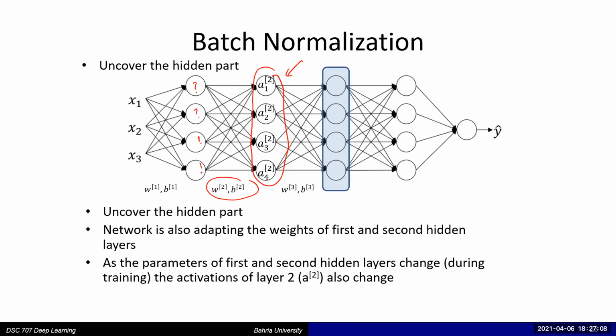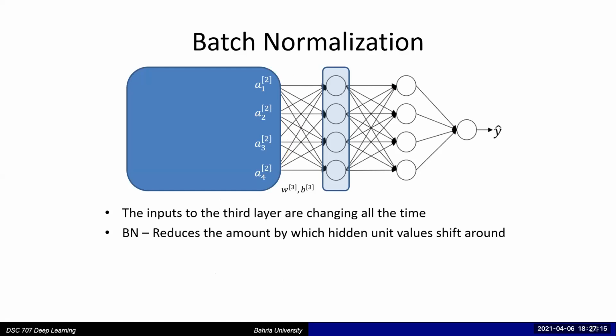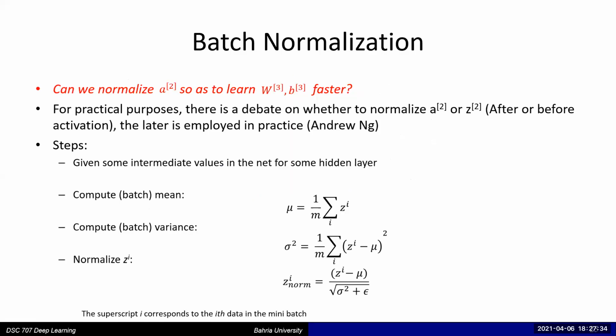We want to normalize it so that we can benefit from the speed, and we can hope to converge the algorithm more quickly. So this is basically the objective of batch normalization: it makes an attempt to reduce the amount by which hidden units are shifting, because they are continuously shifting due to changes in the weights. If we normalize them, then we expect it to have a positive impact on the learning.